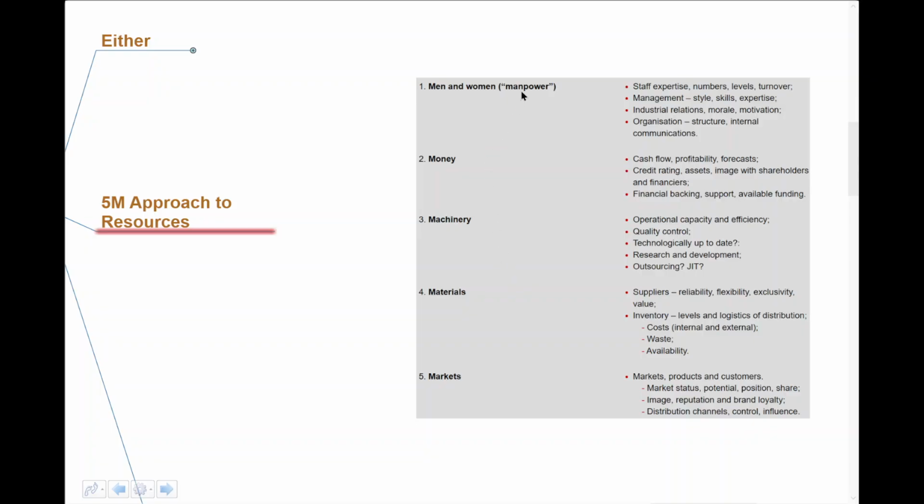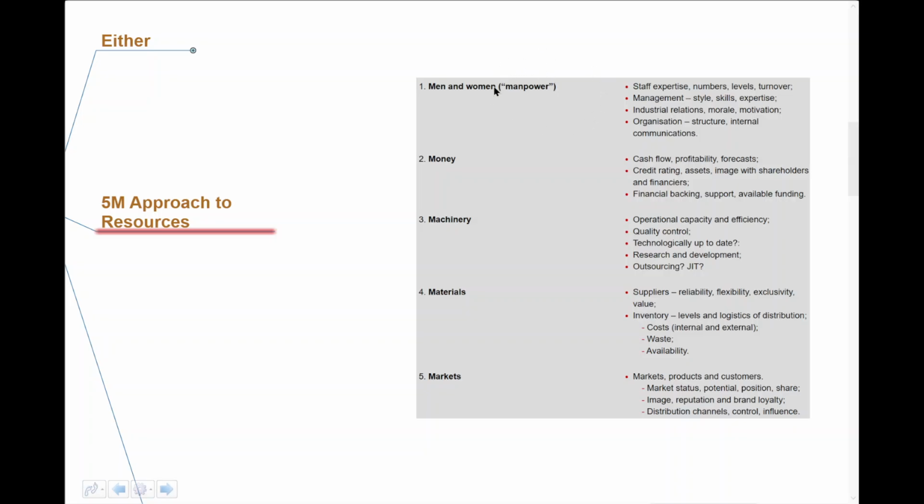So let's think about our manpower, for example. What do we have in terms of expertise, or indeed management, or industrial relations, or in terms of the structure of our organization? How are we organized?